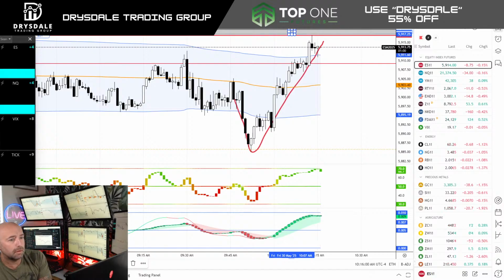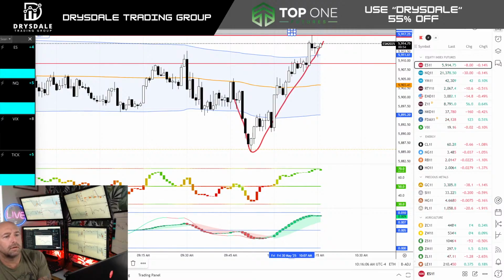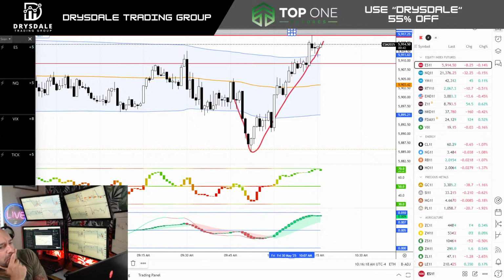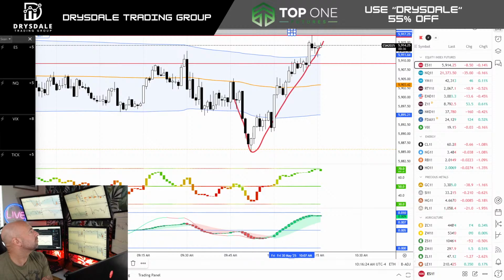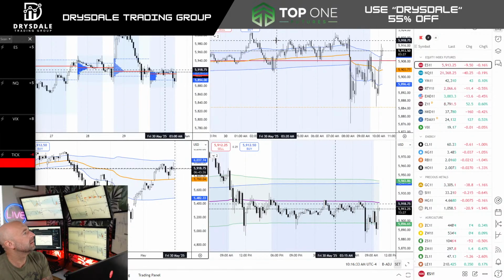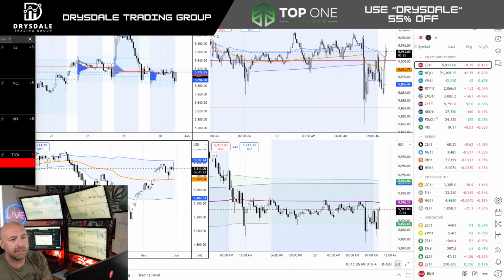All right. Does look like an interesting place to short based on the supply area that we pretty much had the entire Globex, at least for now. So I'll take a little bit of a short here. See if we can get a little downside.